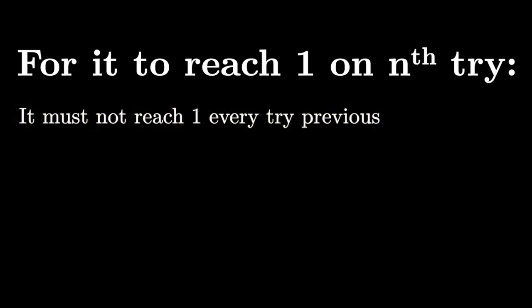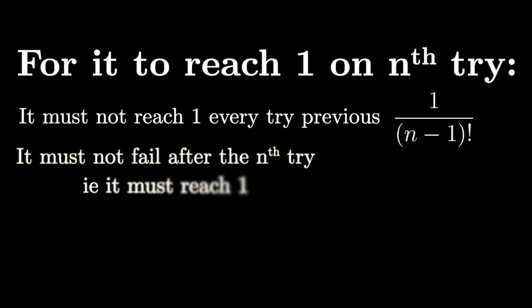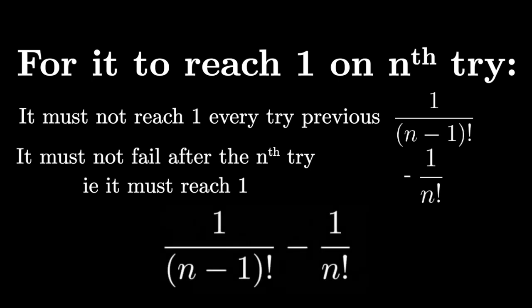That'll just be the chance that it fails every time up to the one before, which is just 1 over n minus 1 factorial. But also we want to take out the chance of it failing every try before and that try itself, which is just 1 over n factorial. So the chance that it succeeds on the nth try is going to be 1 over n minus 1 factorial minus 1 over n factorial.